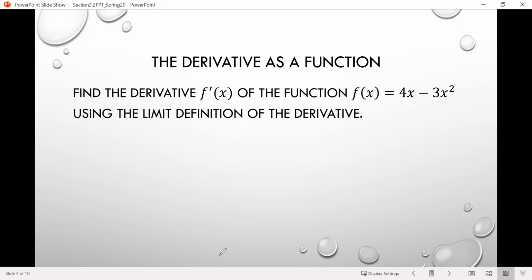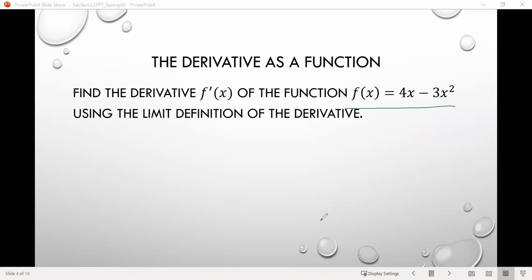All right, so let's look at an example of this. The function we were working with in section 3.1, f of x equals 4x minus 3x squared. Let's go ahead and use that limit definition of the derivative to find the derivative of this function.